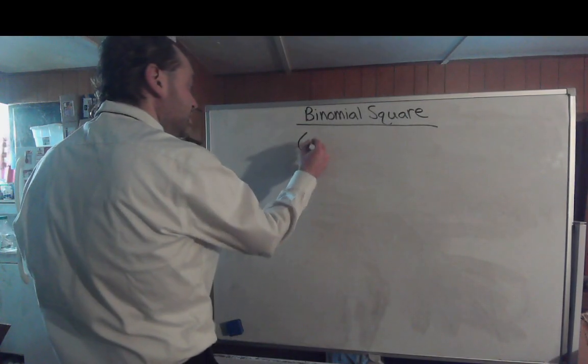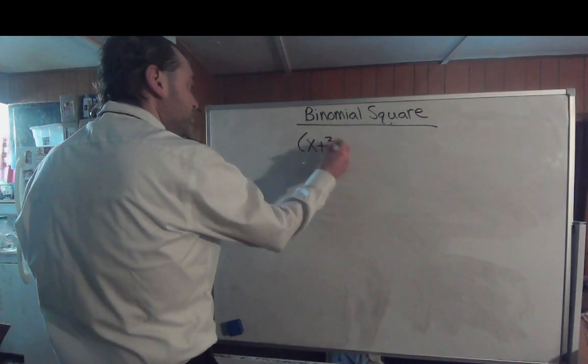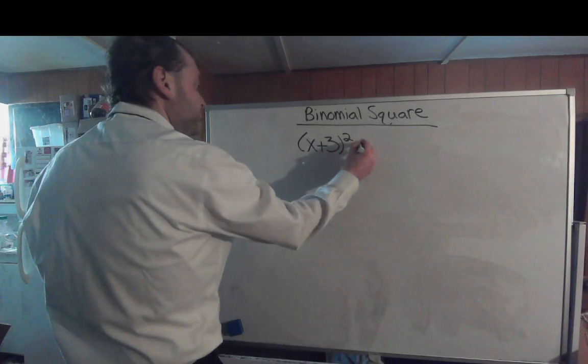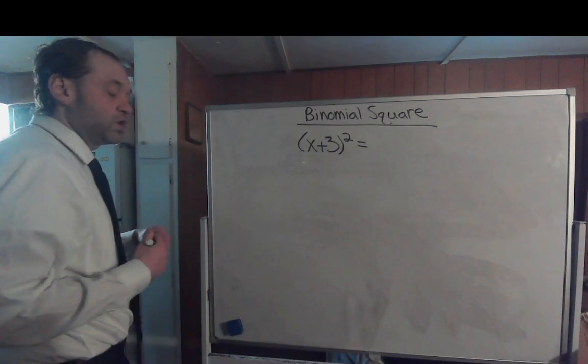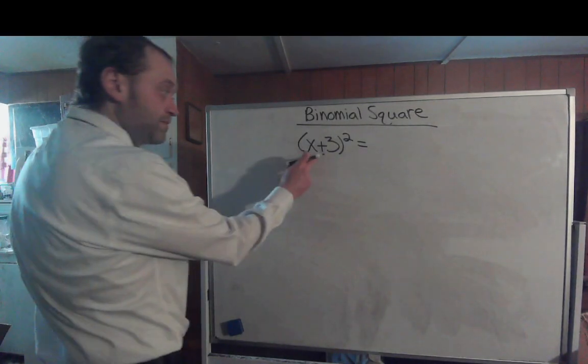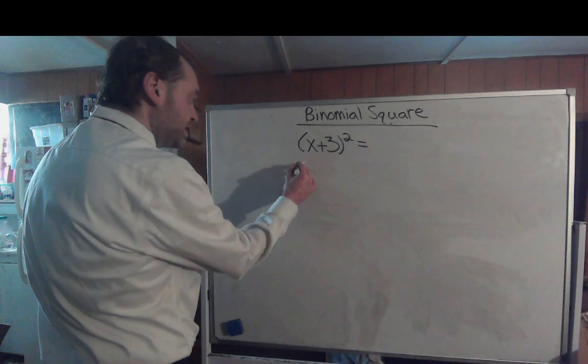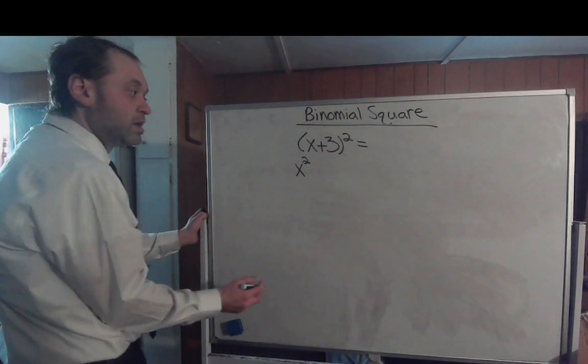Alright, so let's say I have something like x plus 3 to the second power. Let's say I have the quantity of x plus 3 to the second power. So I'm going to take my first term of x, I'll just simply raise that to the second power.